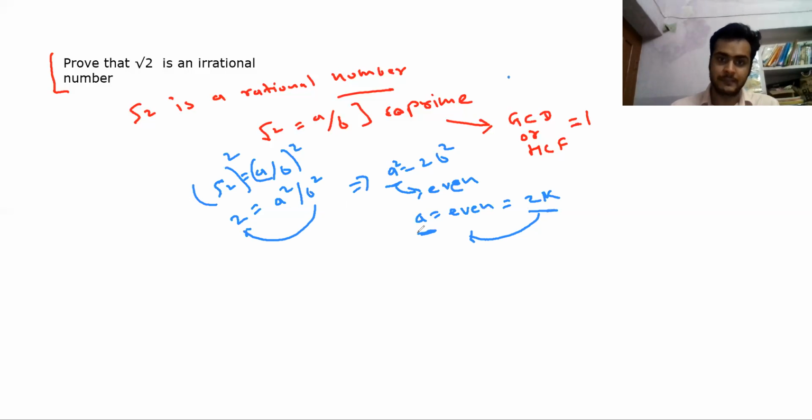Now we can replace this in our first equation. This was our equation number 1, and we can replace this value of a in this equation. Replacing it right here or right here is the same. So let's replace it right here. So a is equals to 2k. Then 2k square is equals to 2b square.